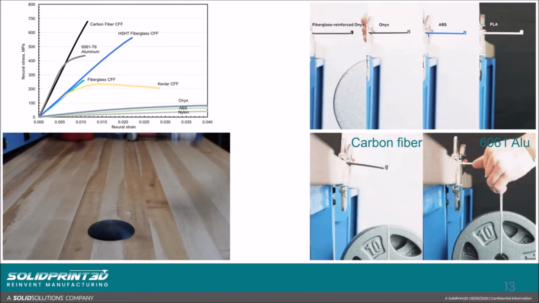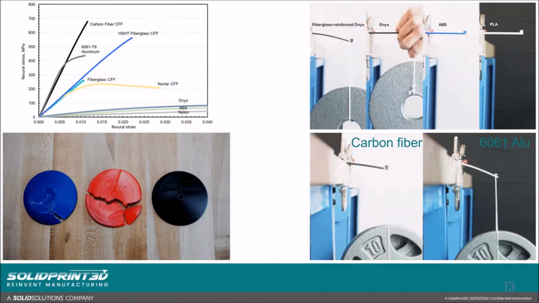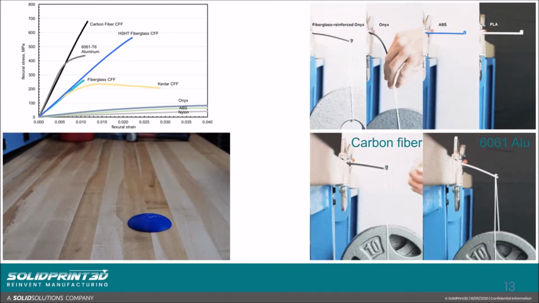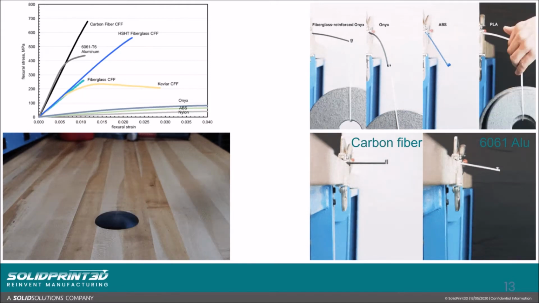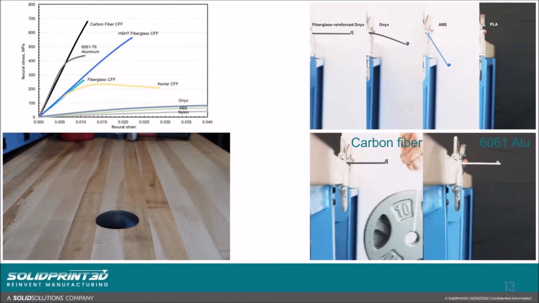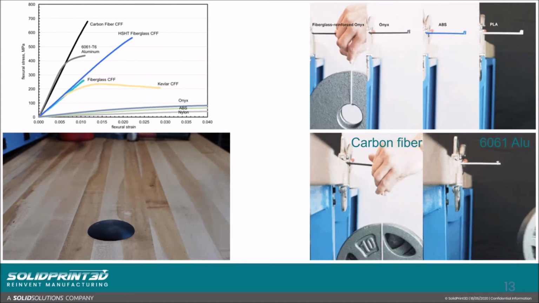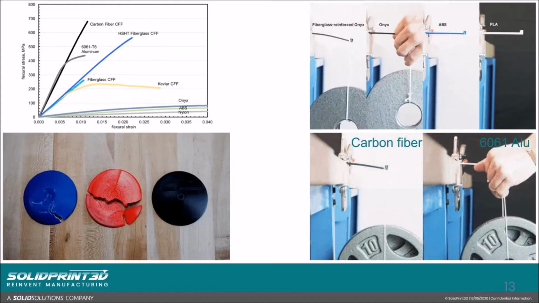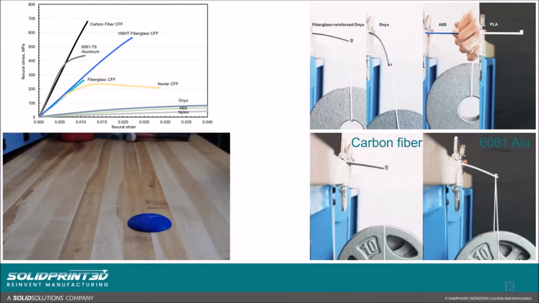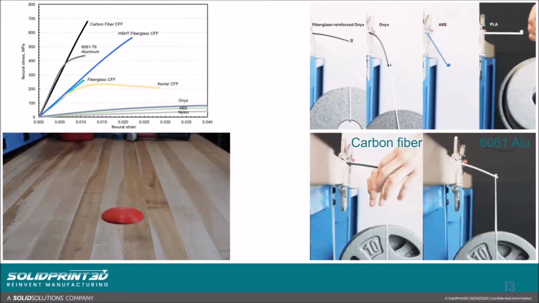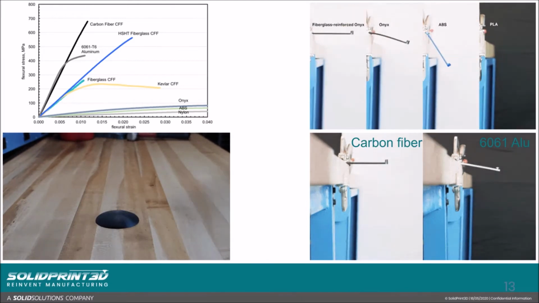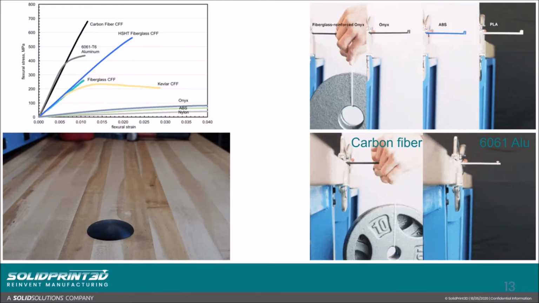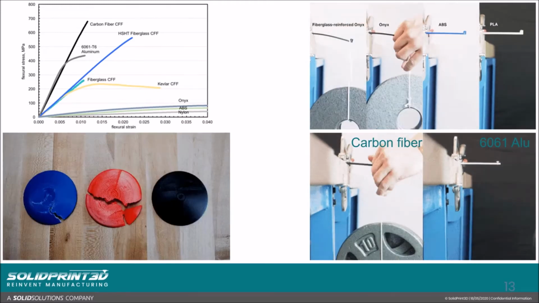When we start to achieve far higher stress, we get far higher up on the stress strain curve graph with Kevlar reinforcement in those parts, then fiberglass, and right at the top we've got the carbon fiber reinforcement, which is taking us above aluminium. We've got a fun little video down the bottom left of somebody absolutely battering some parts with a hammer, and the Markforged part holding up quite well.